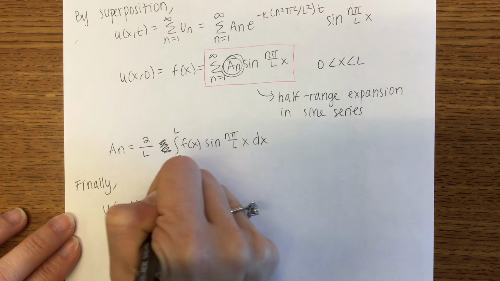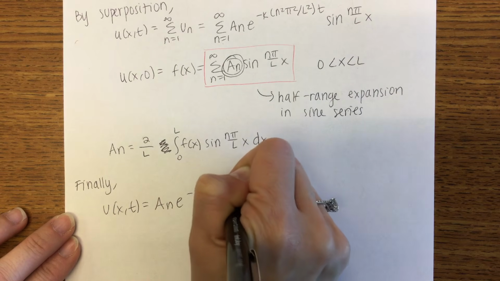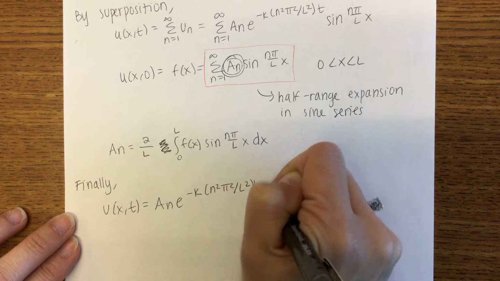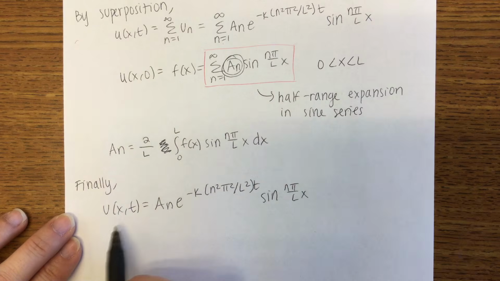Before we had u of x,t is a of n e to the negative k n squared pi squared over L squared t sine of n pi over L x. That's what we had before.